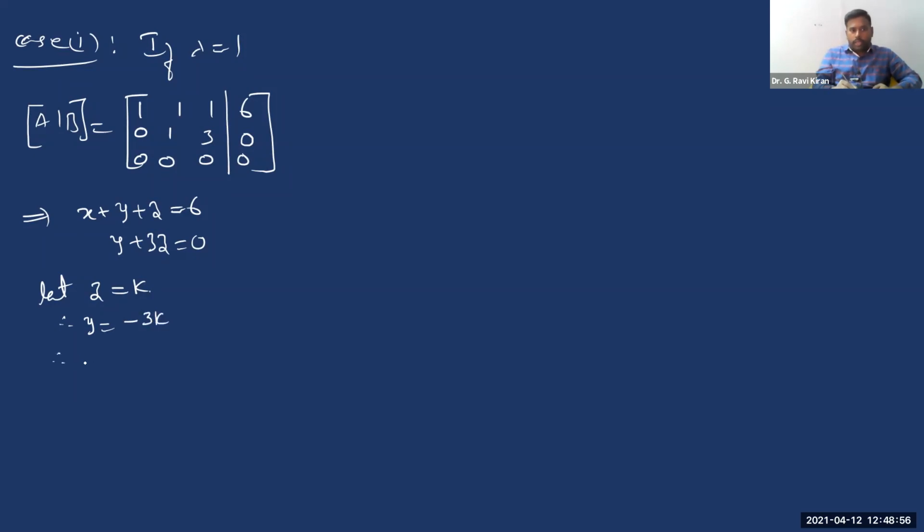Then substitute these two values of y and z in the first equation. x is actually 6 minus y minus z. So 6 minus y is minus 3k, minus z is k.